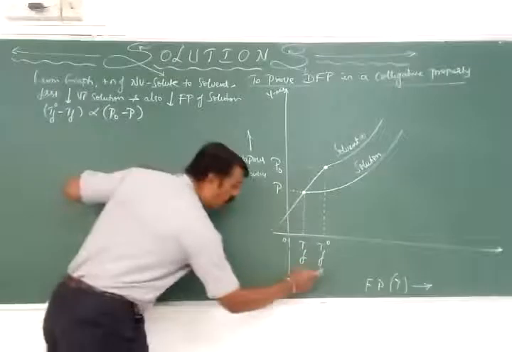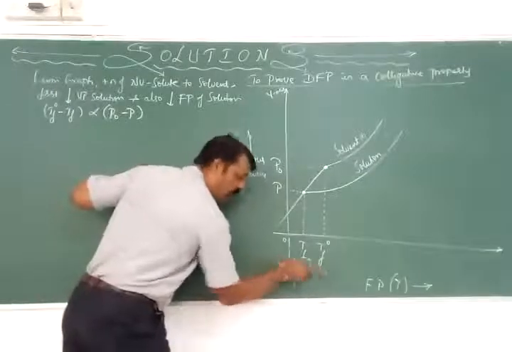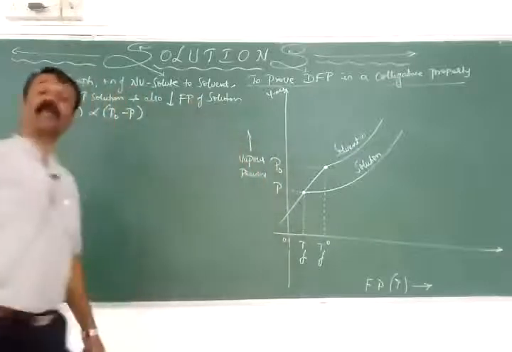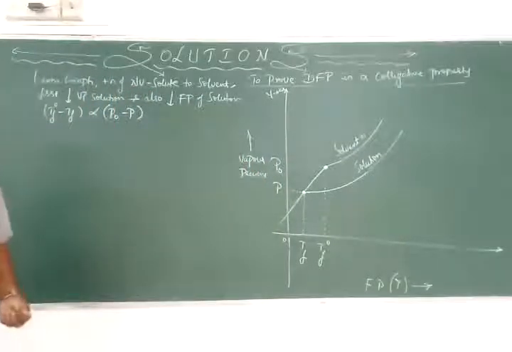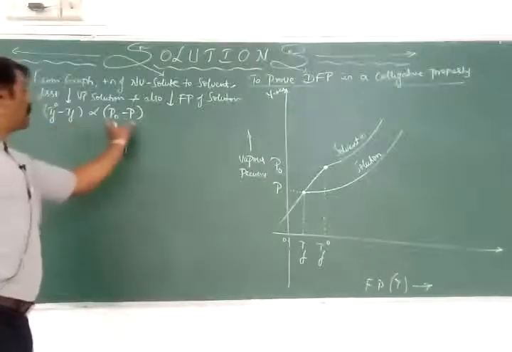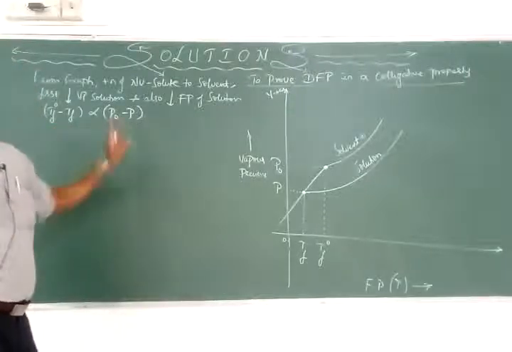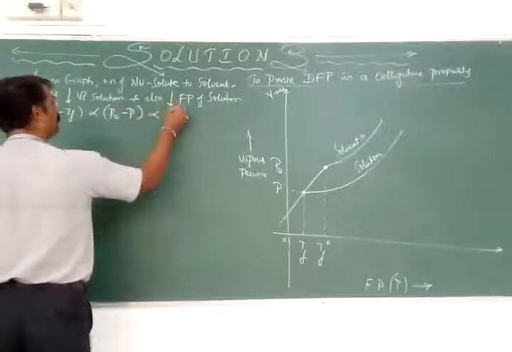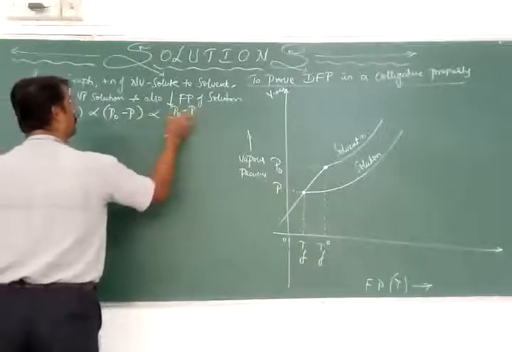What is this? Tf naught minus Tf is proportional to P naught minus P. Tf naught minus Tf is the depression of freezing point. P naught minus P is called delta P. It is also proportional to P naught minus P divided by P naught.